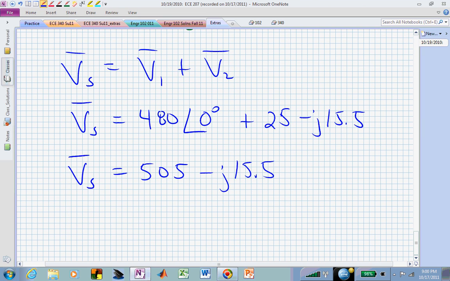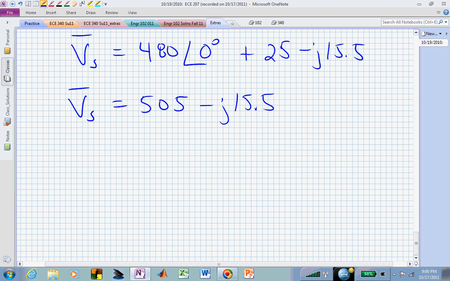Now that we have that picture, if we looked at the polar form of this number, it's going to be, again, magnitude of 505 at an angle of minus 1.76 degrees.